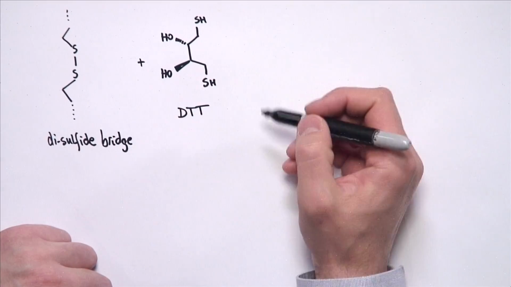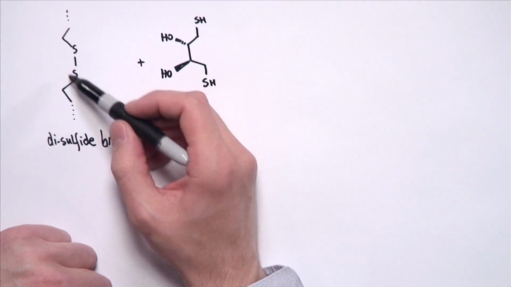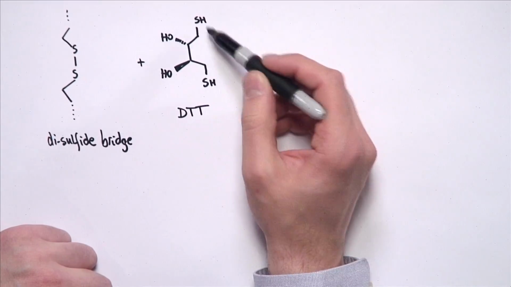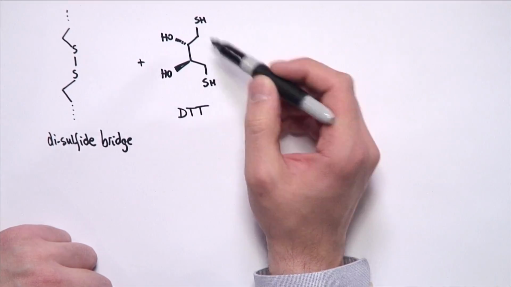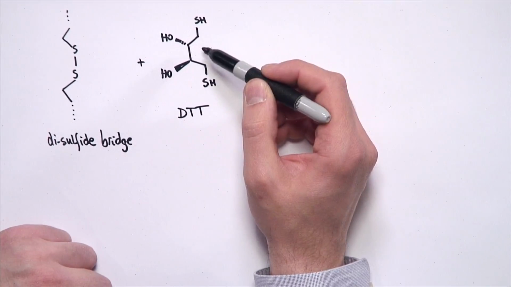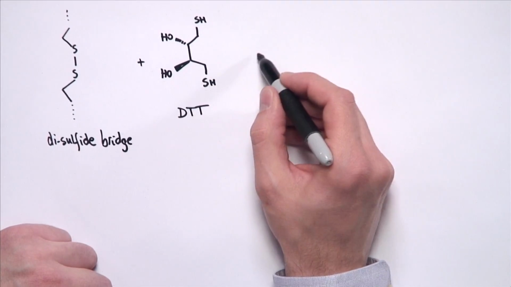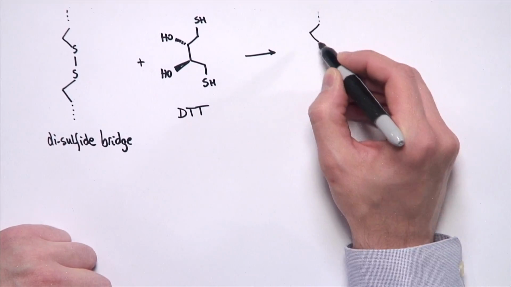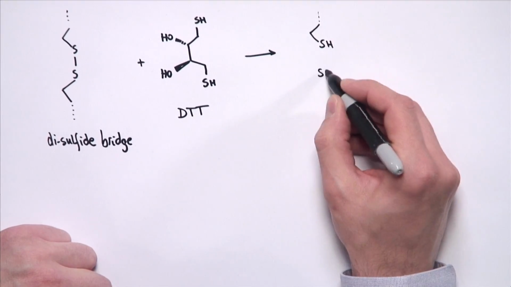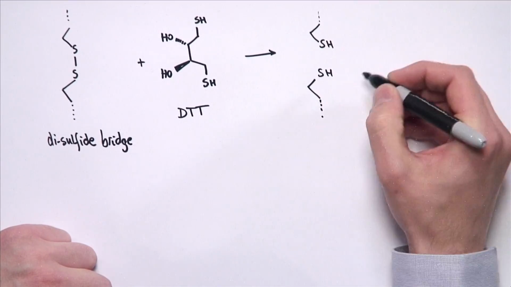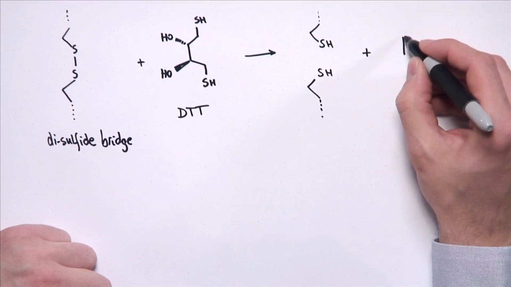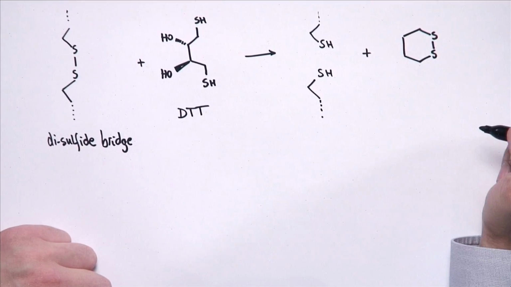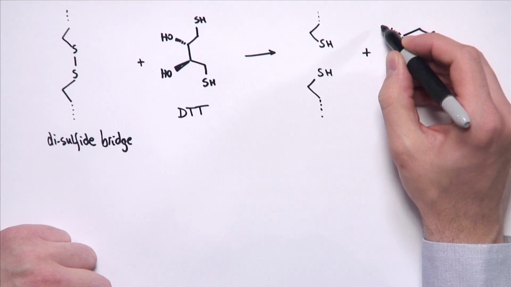All right, so when we do this chemical reaction, this disulfide bridge is going to transfer between the 2 sulfur atoms of DTT. They're going to form an intramolecular sulfide bond. So our cysteines are going to get reduced, and from DTT we're going to get this intramolecular sulfide.